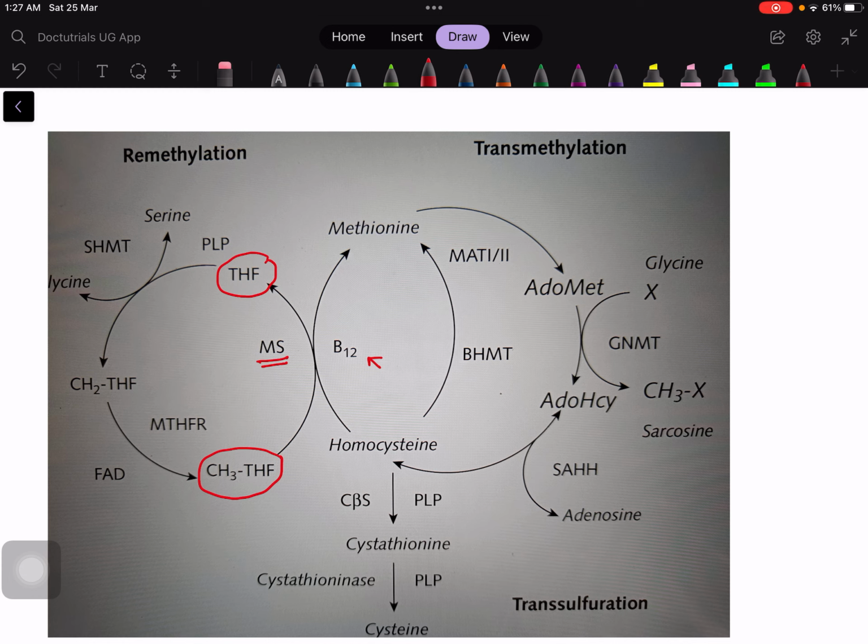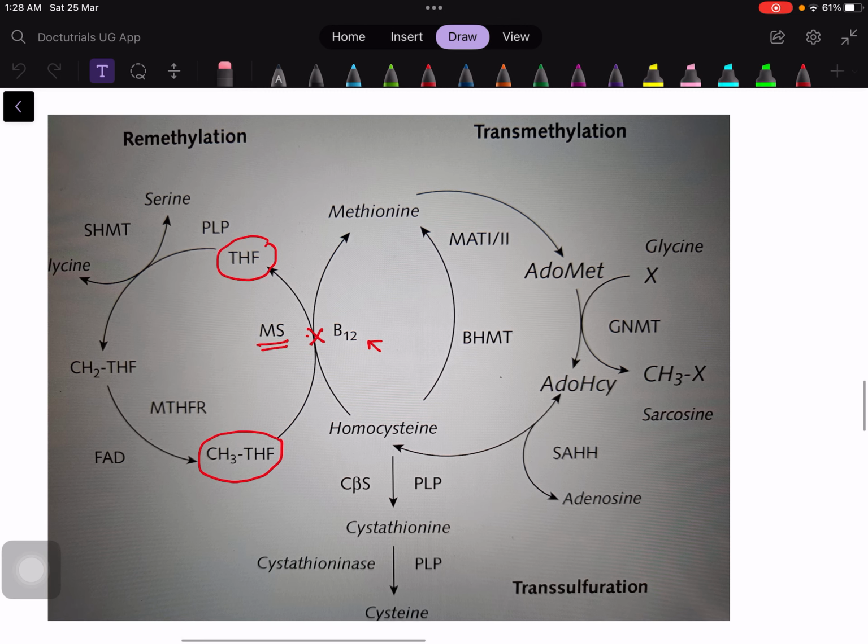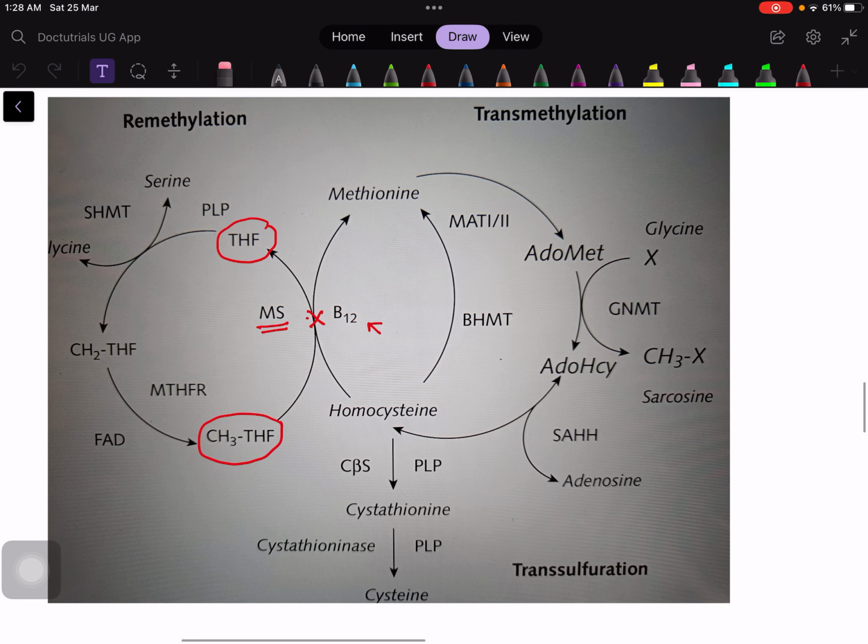It is primarily used in this particular reaction, meaning if B12 is not there, then methyl tetrahydrofolate cannot be converted to tetrahydrofolate, and further activation of tetrahydrofolate will not occur. This will result in the folate trap. So the folate trap is clear: if B12 is not there, then the tetrahydrofolate gets trapped as methyl tetrahydrofolate.